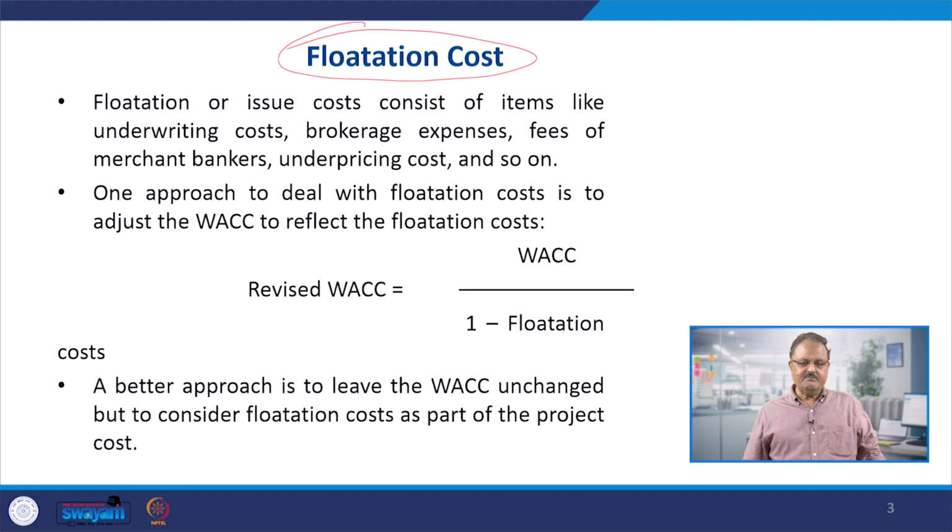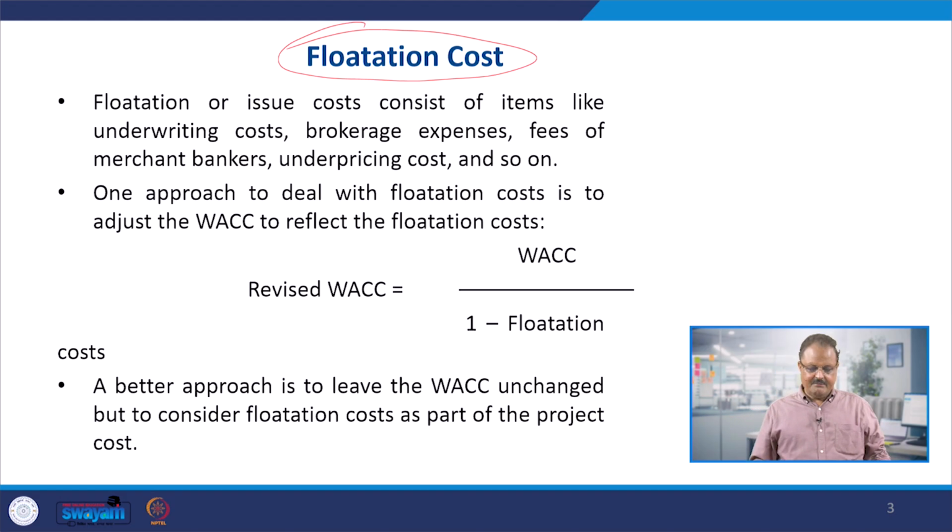So we have four sources of capital normally available to ventures. Retained earnings may not be available to new ventures or standalone ventures because they are coming up for the first time. So they are going to have three sources: external equity, or in the case of startups it can be private equity, or borrowing, and even preference capital is not there in the case of startups. But in the case of existing firms, all four sources are there.